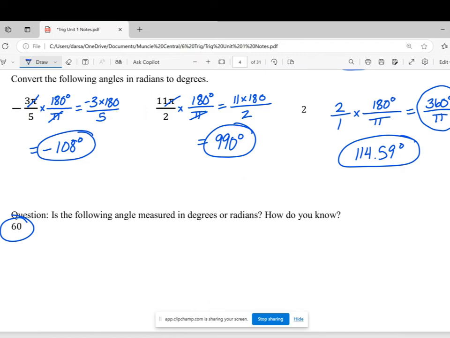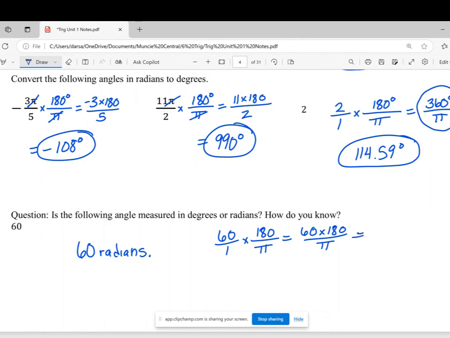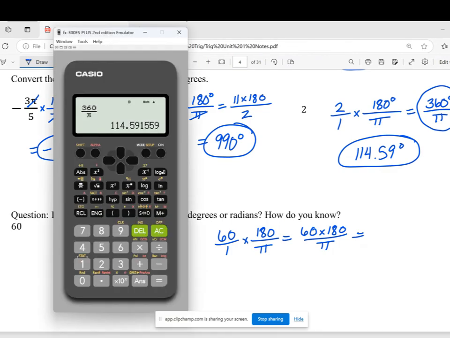Since there is no little degree symbol, this is radians. 60 radians is actually pretty big because if we start with 60 radians over 1 and we put our pi radians on the bottom and 180 on the top, that's 60 times 180 over pi. That's going to be a really big number.